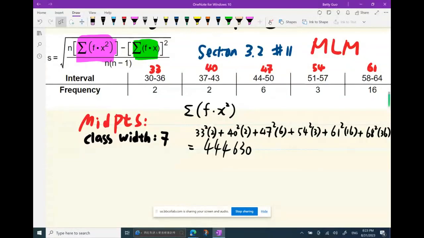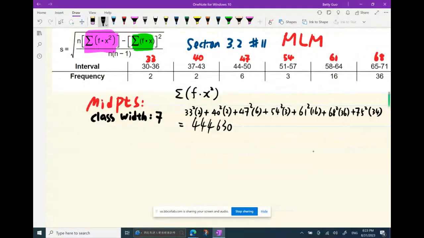And now let's do the green part. The green part is also a sum. Sum of what? Sum of the frequency times the middle point. This time we don't need to get a square. We only need to multiply the middle point with the frequency and add them up.